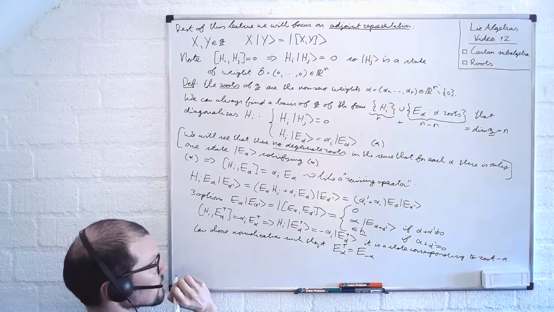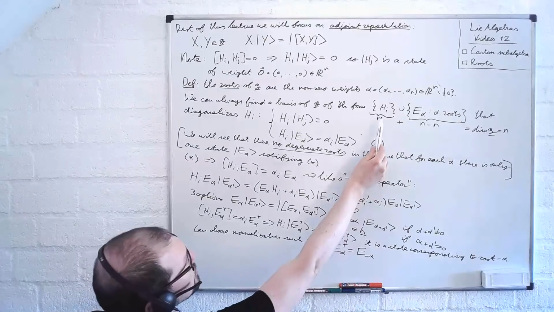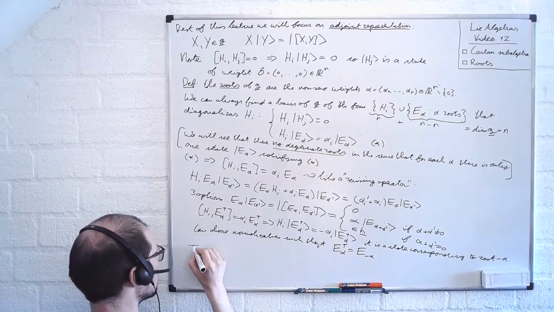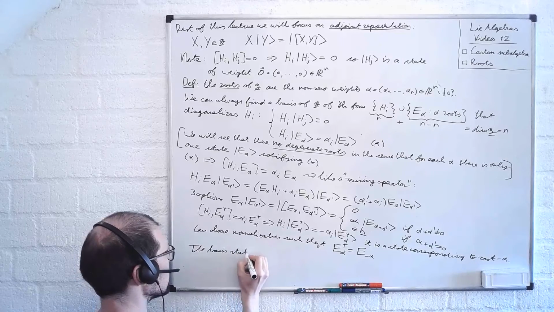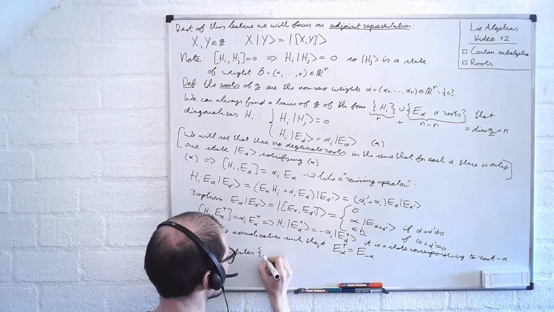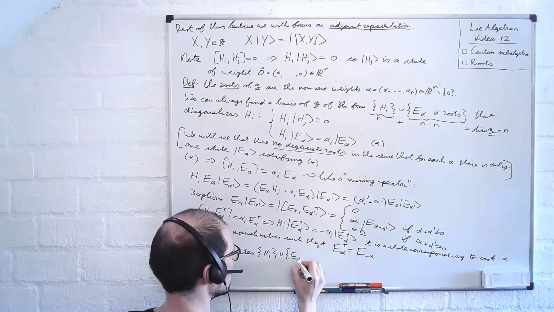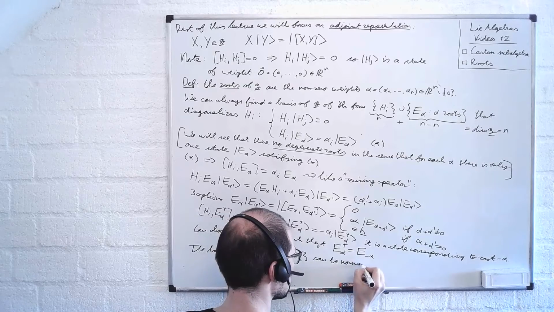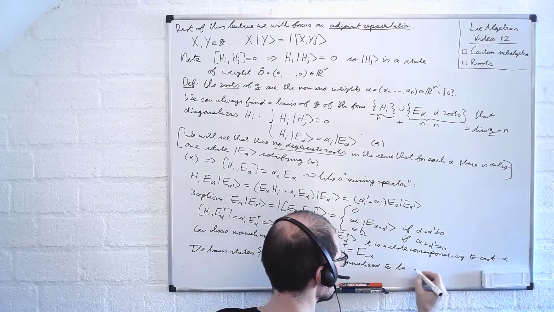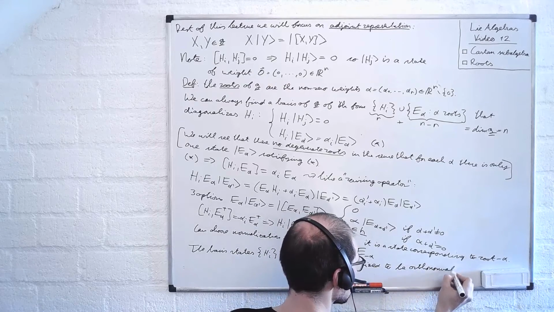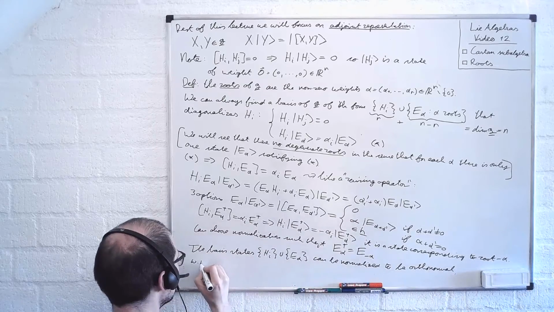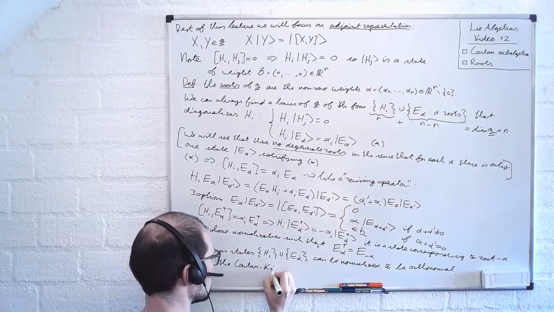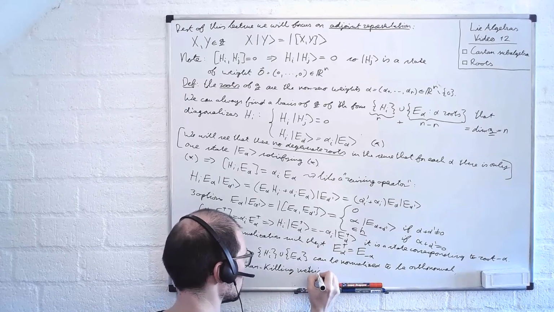What we can also do is say, since these are Hermitian, they are Hermitian with respect to the following inner product: the basis states h_i, e_alpha can be normalized to be orthonormal with respect to the Cartan-Killing metric.